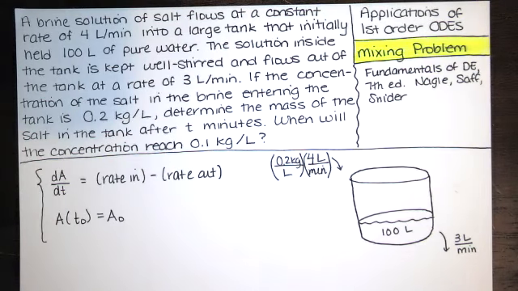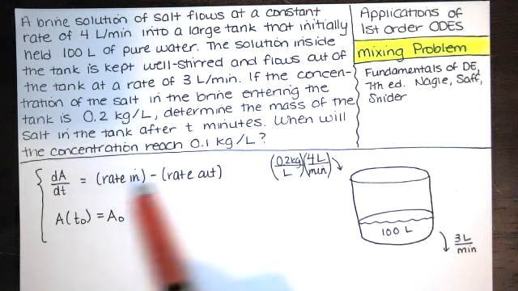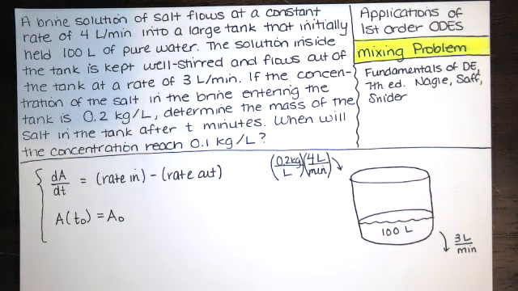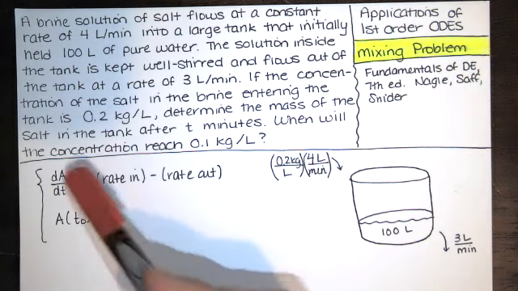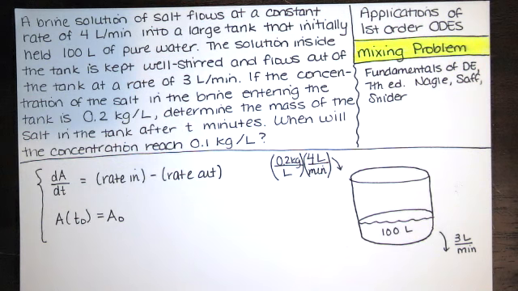So what I like to do when I'm solving a problem like this is I draw a picture. I write down the appropriate mathematical model. Usually this is told to you somewhere. There's usually a sentence that you have to interpret, but with every mixing problem, you're going to use this model. The rate of change is equal to the rate in minus the rate out. So we've got that.